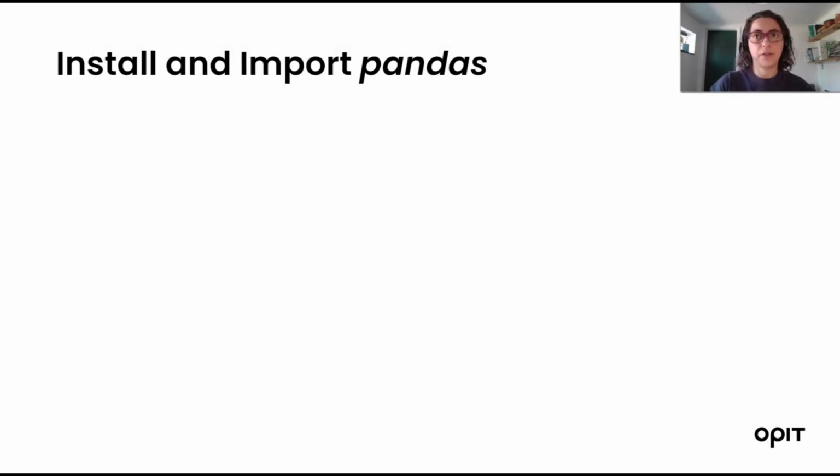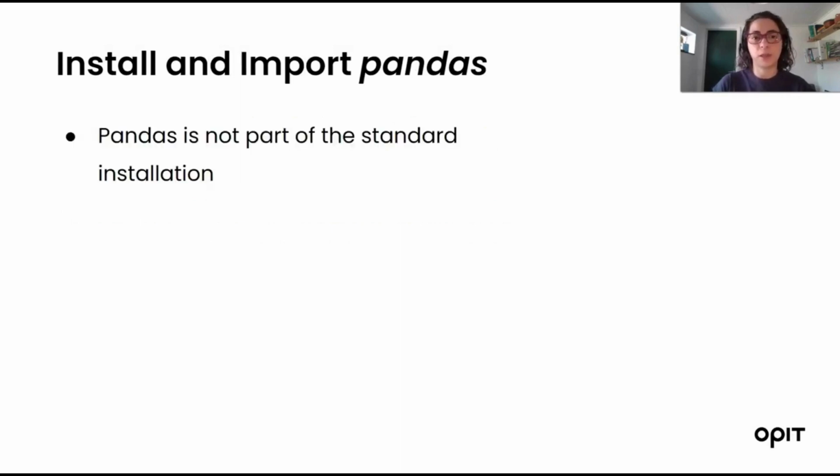Pandas is not part of the standard installation and therefore needs to be installed. You can install it as we showed at the beginning of our course using the conda install command. Remember to activate conda first from your Anaconda terminal.